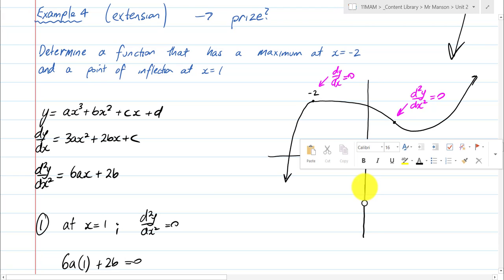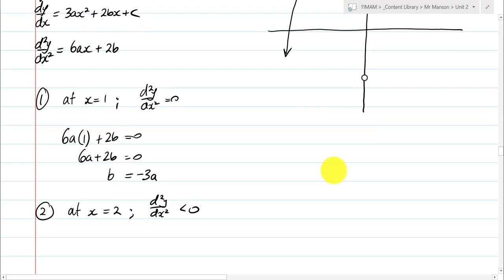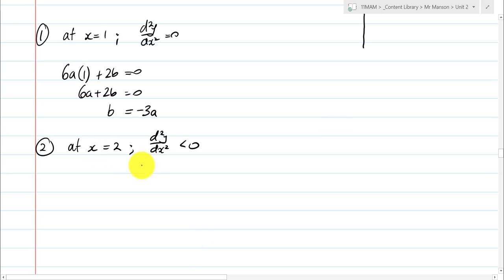So if we go back to our initial rules, it was stated that a maximum has a second derivative that's less than 0 because the gradient is going from a high positive to a high negative, so it's doing that shape. So if the gradient is decreasing, then the second derivative is less than 0. It's negative. I've just written less than 0. So at x equals 2, the second derivative, which is 6a times 2 plus 2b, is less than 0.